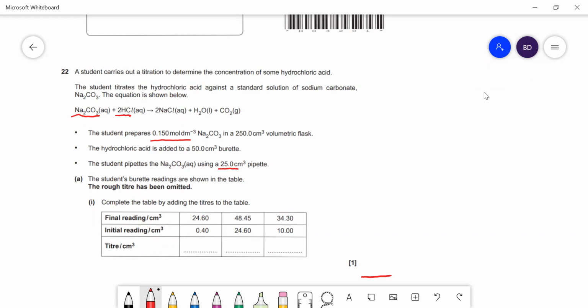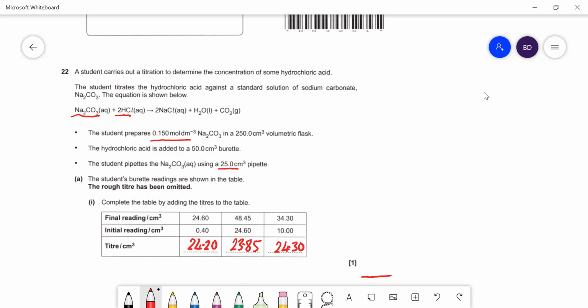So that one is 24.20. That one is 23.85. And this one is going to be 24.30.